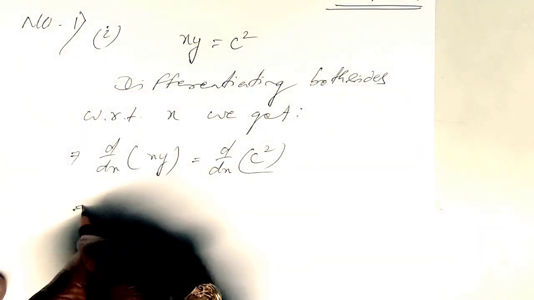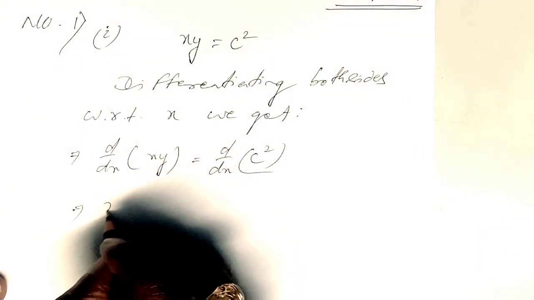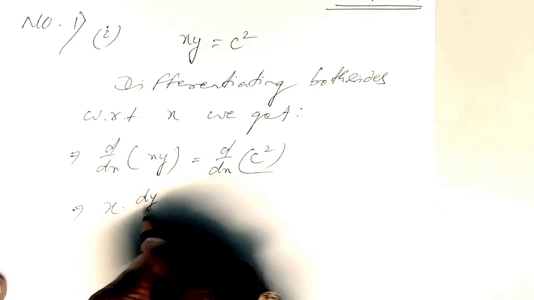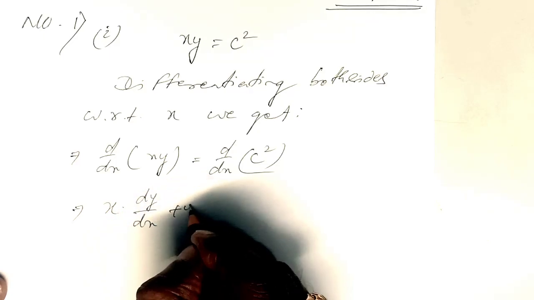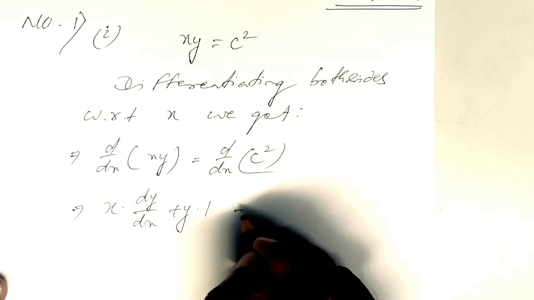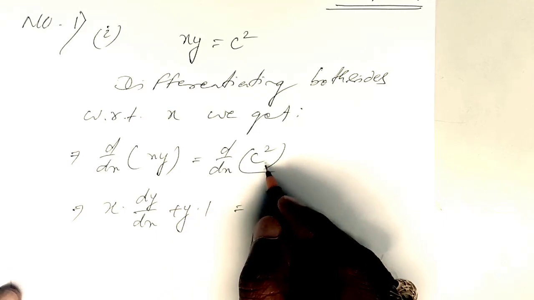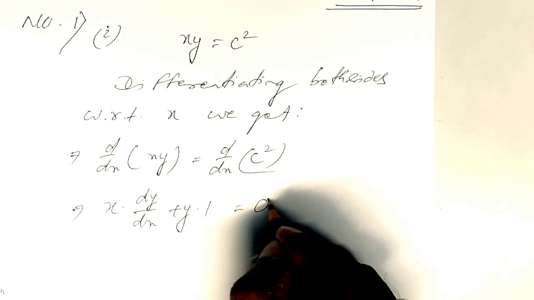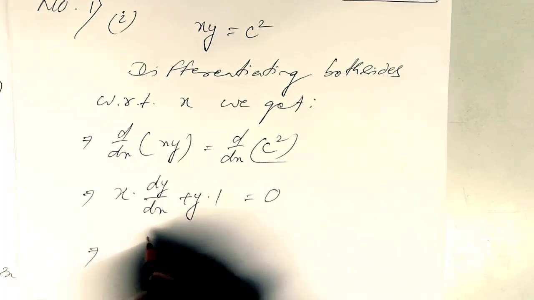You have to apply the product rule, the uv formula: first function into derivative of y, that is dy by dx, plus y into derivative of x, that is 1, and the derivative of any constant number is equal to 0.